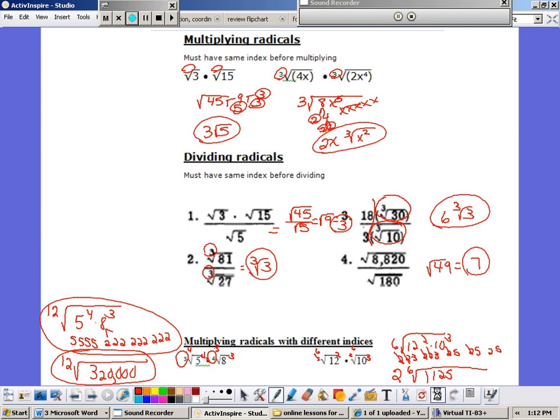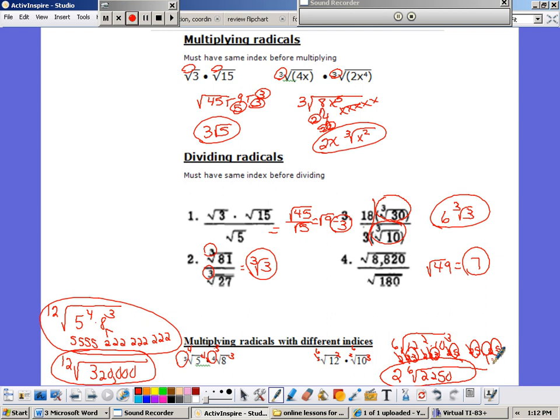So, let me go back here. So I have 3 times 3 times 5 times 5 times 2 times 5. So 3 times 3 times 5 times 5 times 5 times 2. 2,250. Missed that 2 the first time around.